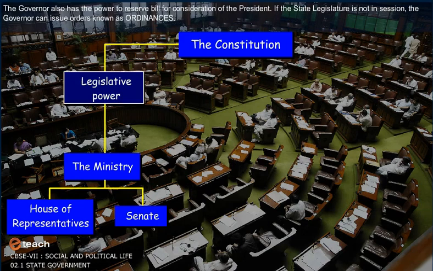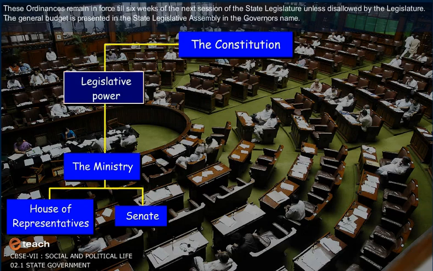If the state legislature is not in session, the Governor can issue orders known as ordinances. These ordinances remain in force till 6 weeks of the next session of the state legislature, unless disallowed by the legislature. The general budget is presented in the state Legislative Assembly in the Governor's name.